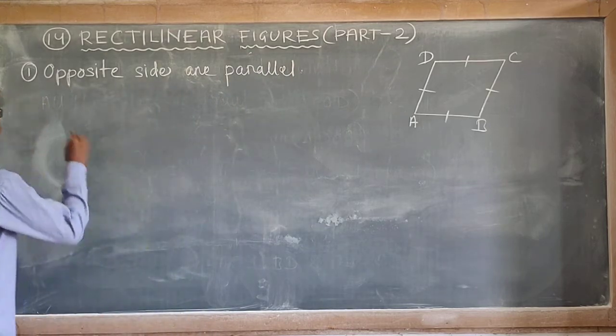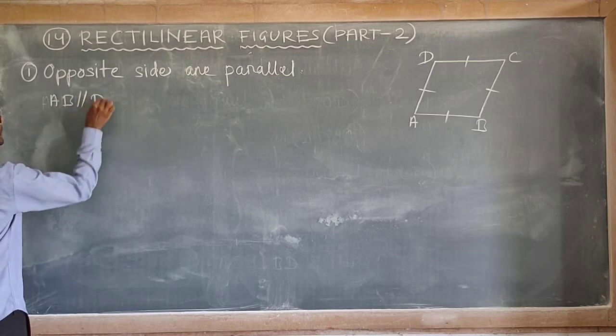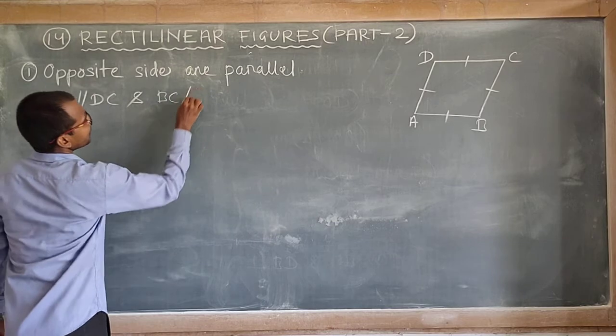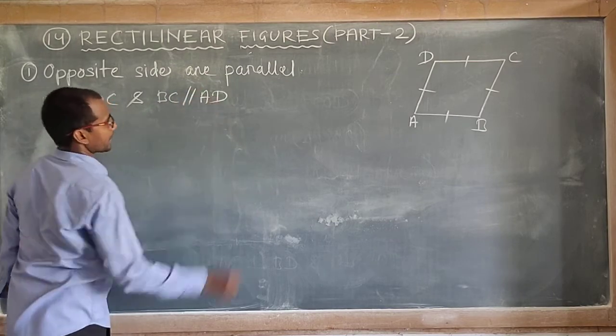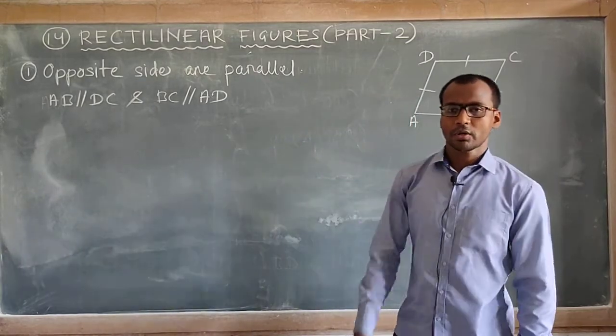That means AB is parallel to CD and BC is parallel to AD.